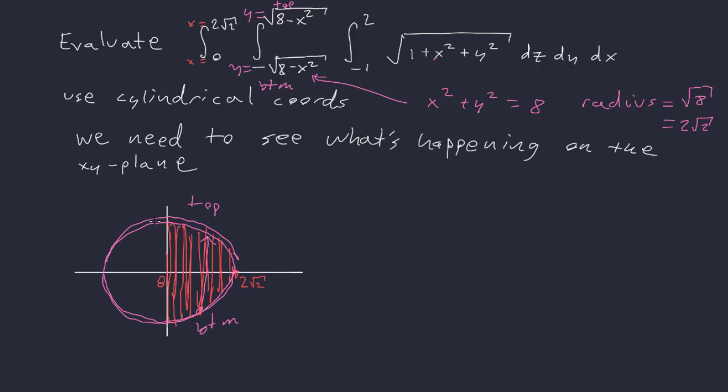Okay, so we can actually get rid of this completely. And I'll write in a couple more of these things. This is y equals square root of 8 minus x squared, and this is y equals negative root 8 minus x squared.